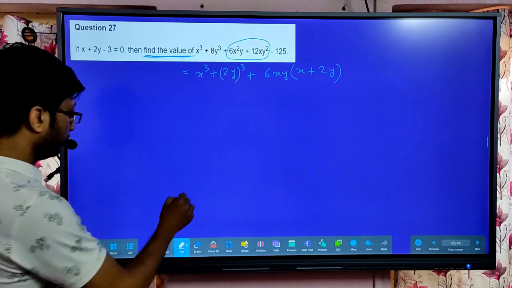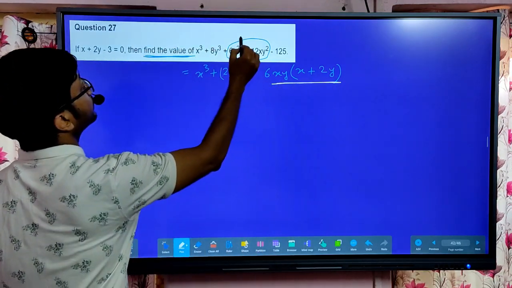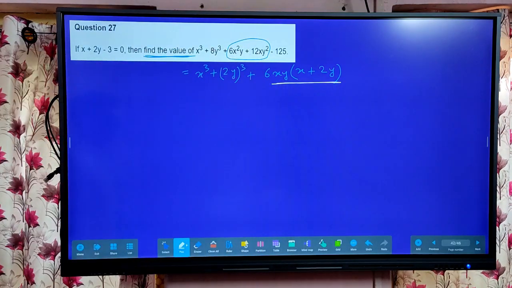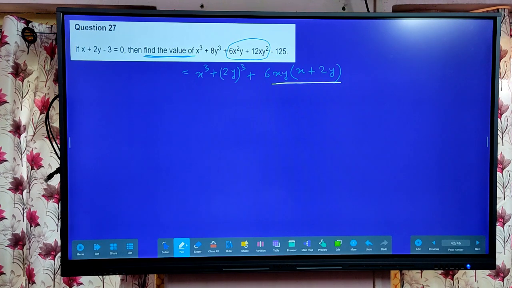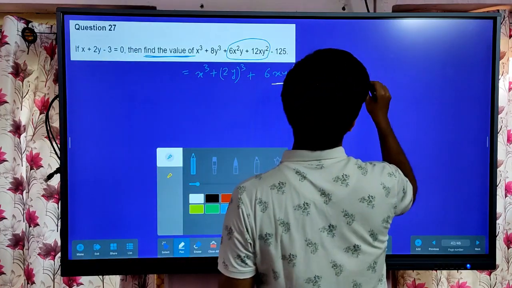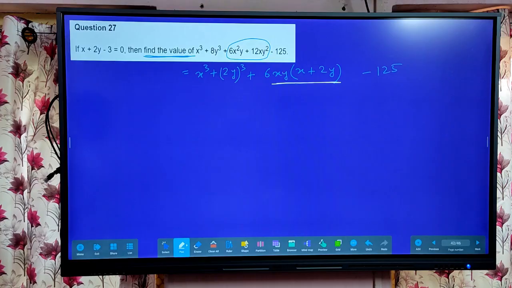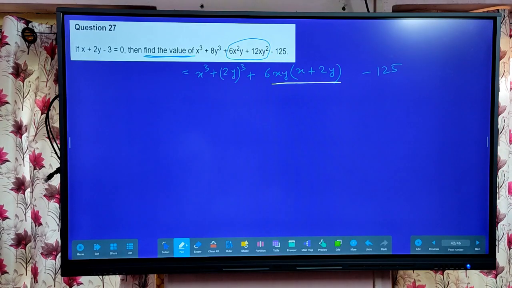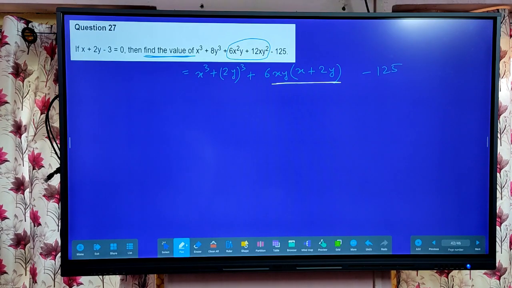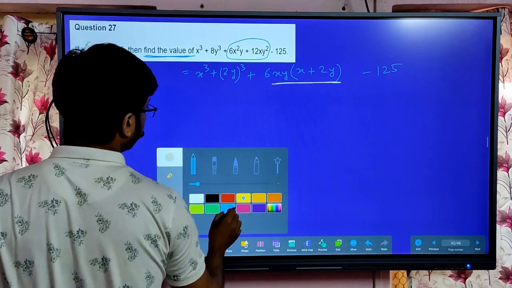Please check whether from this we are getting this or not. 6xy I am taking common and minus 125 is separate. I can write minus 125. Please check. This much is clear or not? This much is clear. So I will move on to the next step.